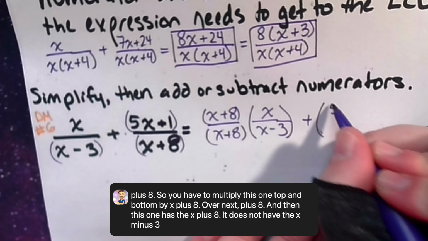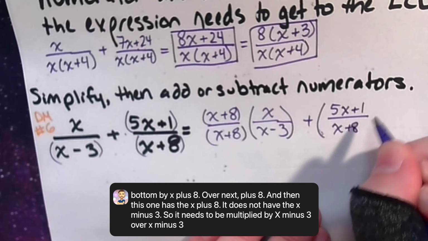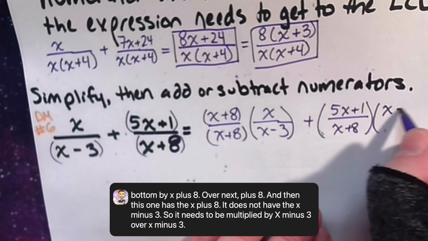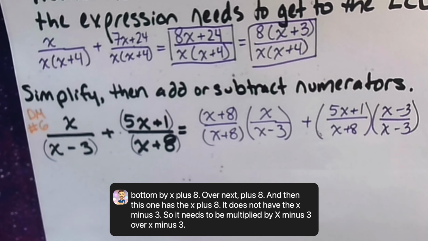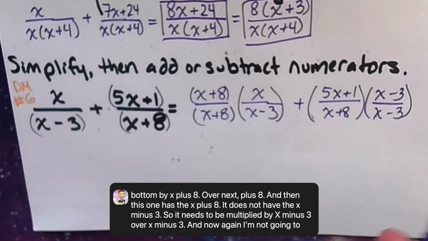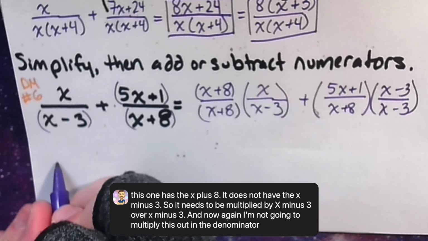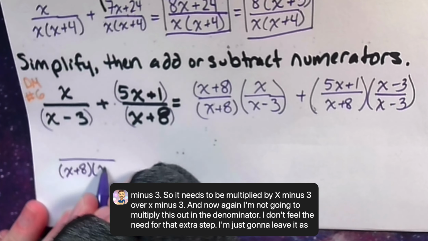So it needs to be multiplied by x minus 3 over x minus 3. And now, again, I'm not going to multiply this out in the denominator. I don't feel the need for that extra step. I'm just going to leave it as (x plus 8)(x minus 3).